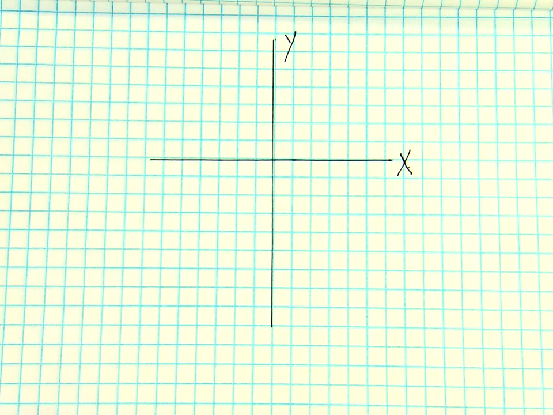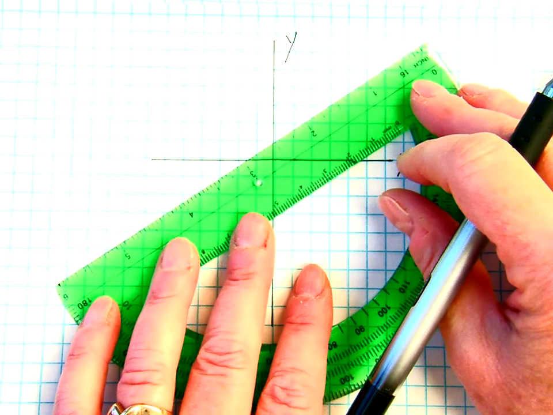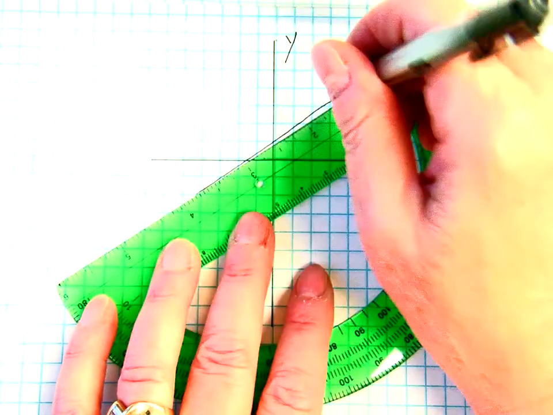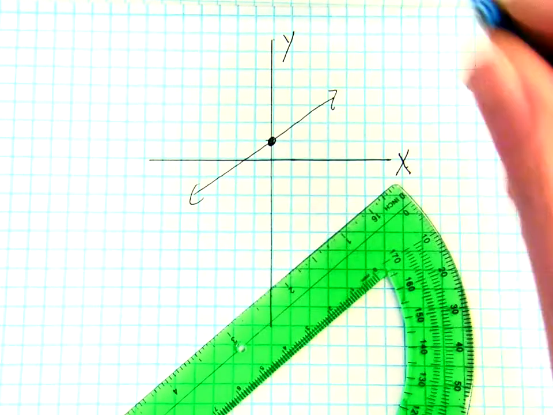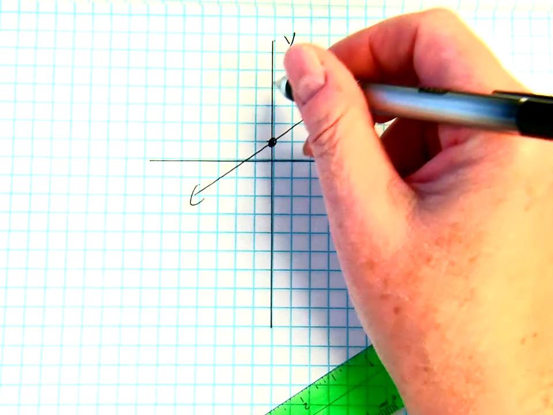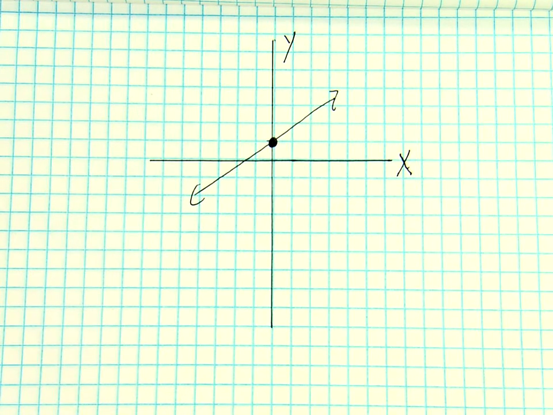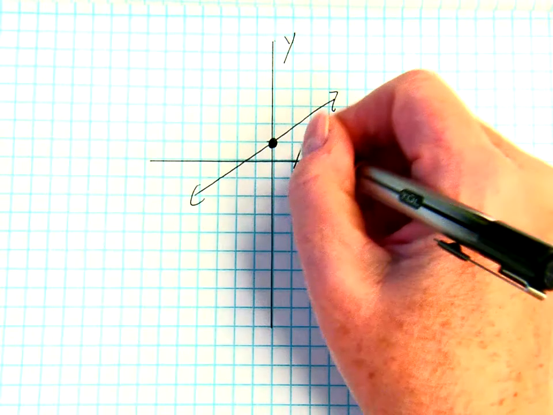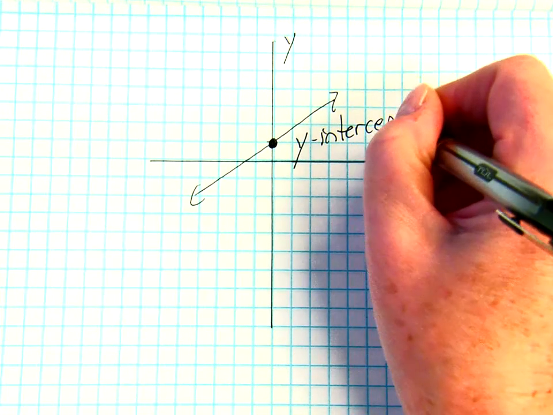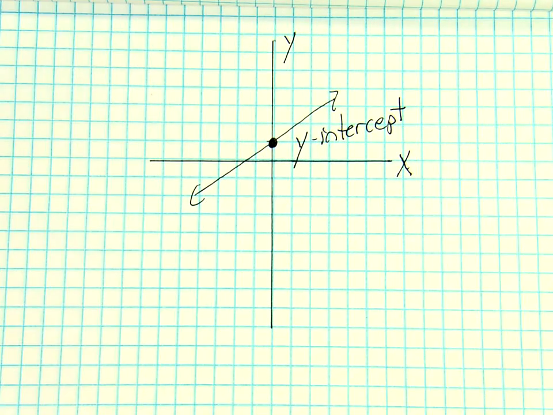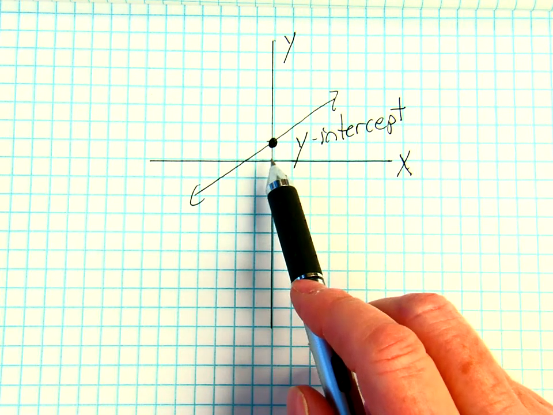And so what we are going to be looking at is where our lines cross the y-axis, okay? And wherever our line crosses the y-axis, this is known as the y-intercept, okay? The line crosses the y-axis at the y-intercept point.